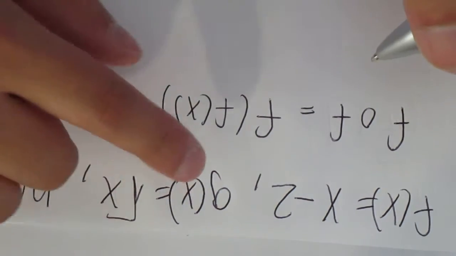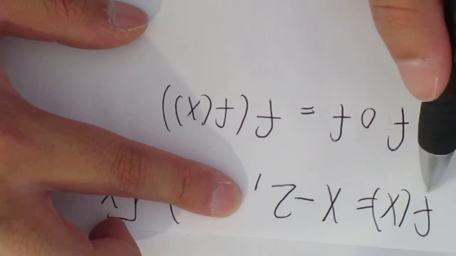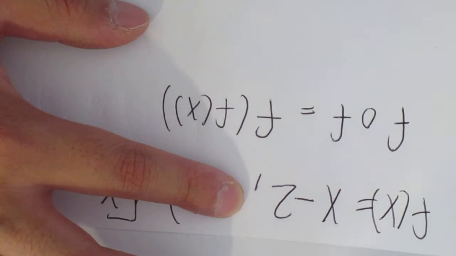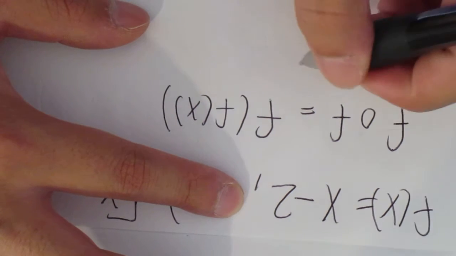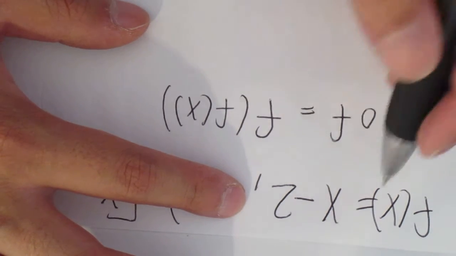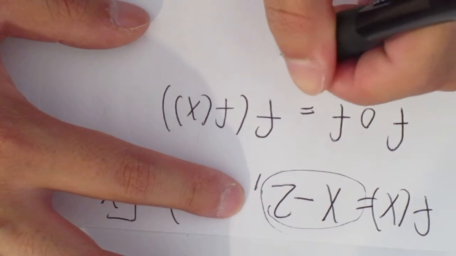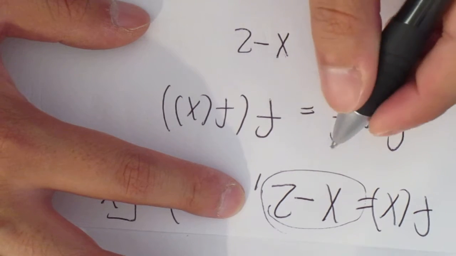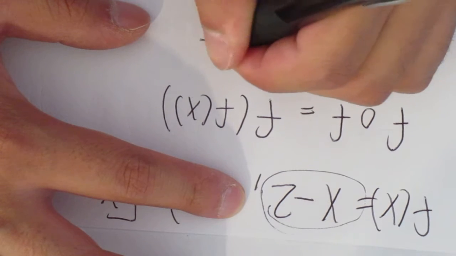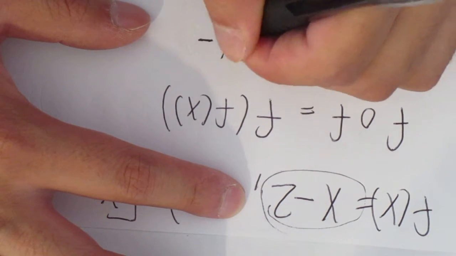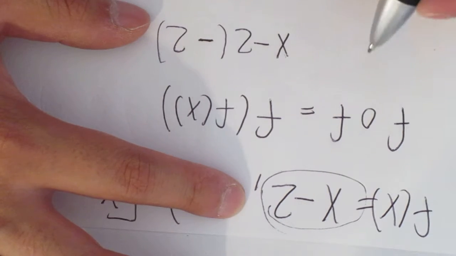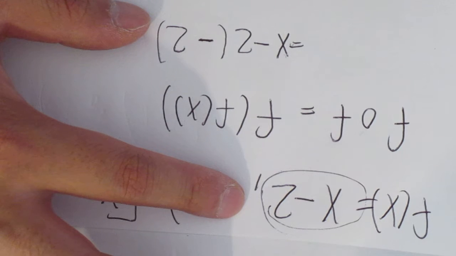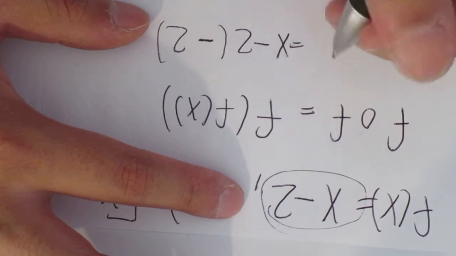So here's f of x. It's kind of hard to understand. It's like putting f into f, right? So f of x is x minus 2, so it's x minus 2, and then you'll have, don't forget about that negative 2. I know it's hard to explain, but you just have to do the math.